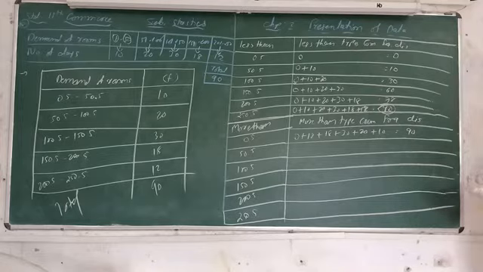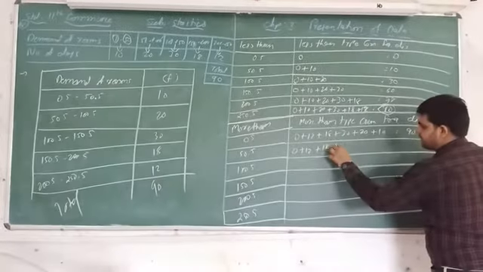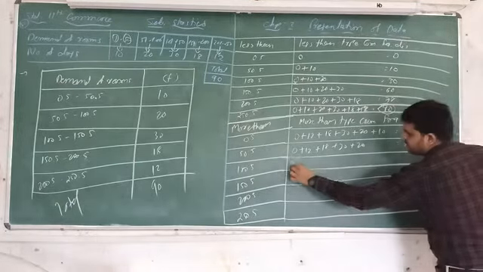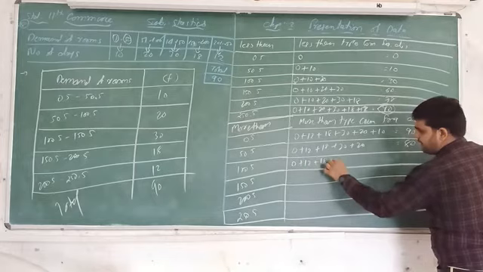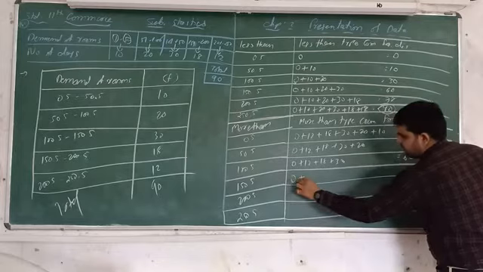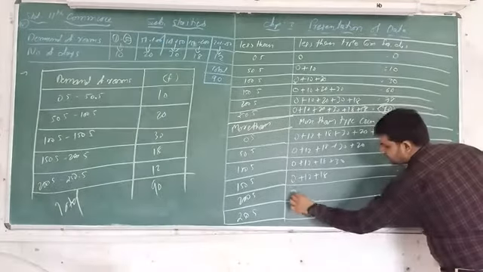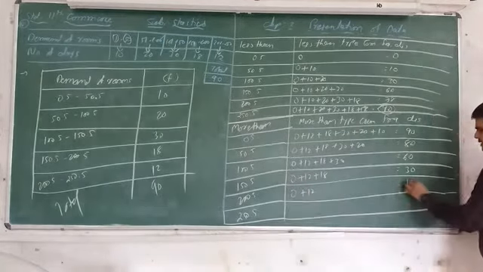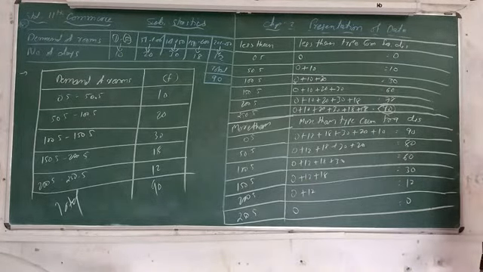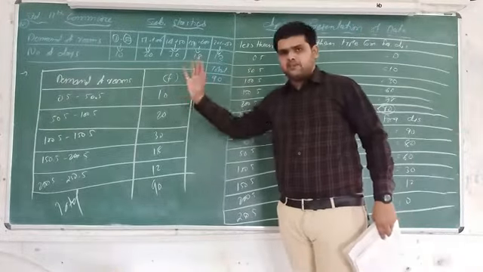Now we have to deduct one thing at a time: 0, 12, 18, 30, 20, answer will be 80. 0, 12, 18, 30, answer will be 60. 0, 12, 18, answer will be 30. 0, 12, then 12, and here 0.